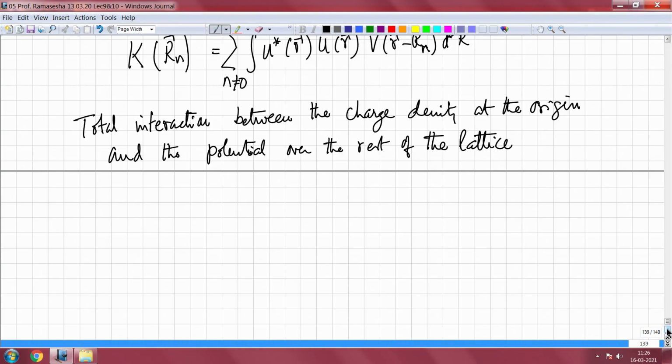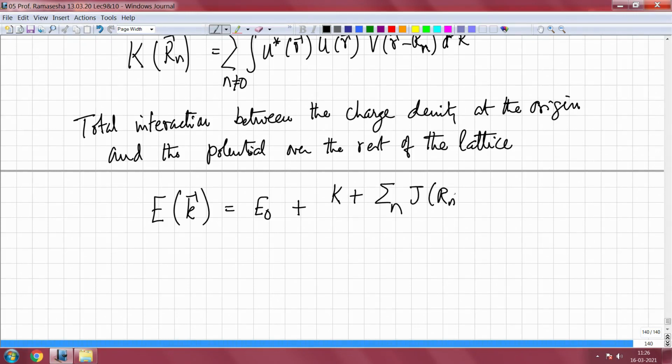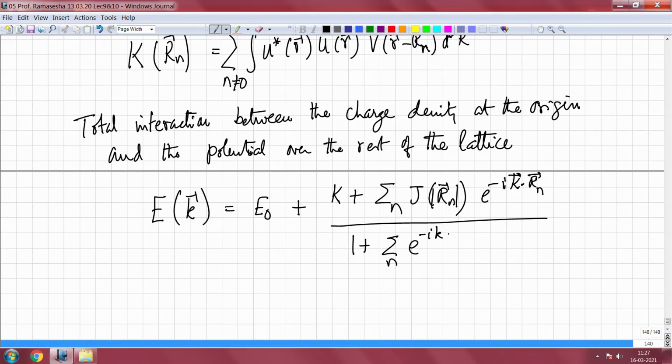Using these, we can write down the energy expression as a function of k: E of k equals E naught plus k, which is the crystal field integral, plus the sum over n, all the nearest neighbors, of J of R n, which only depends upon the distance and not on the orientation, multiplied by e to the minus i k dot R n, divided by 1 plus the sum over n of e to the minus i k dot R n times S of R n, where S of R n is the overlap integral.